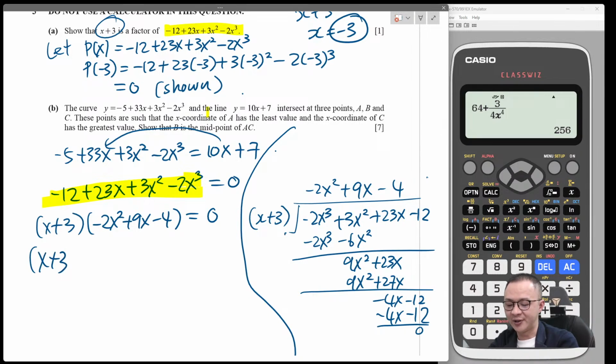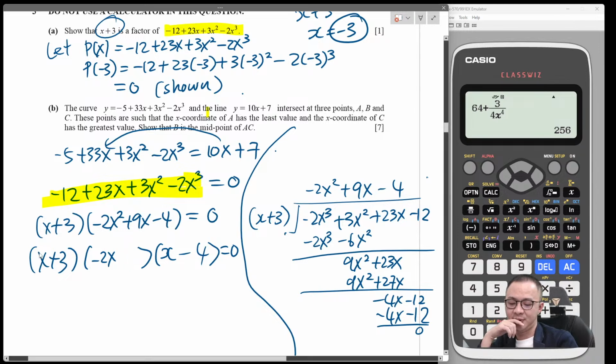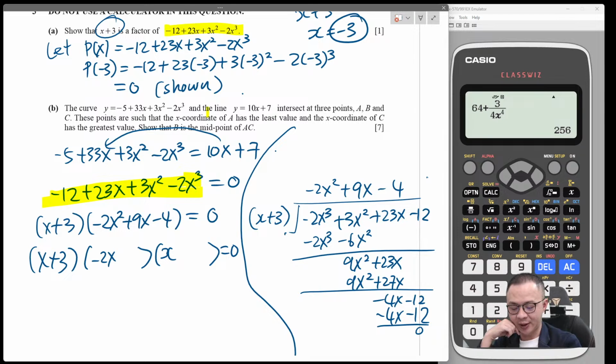So yeah, factorize it. This is -2x and this is x. To get 9, this is 4, this is 1, this is negative, this is plus, isn't it? Wait, no, this is minus also. So I want to get 8, right?